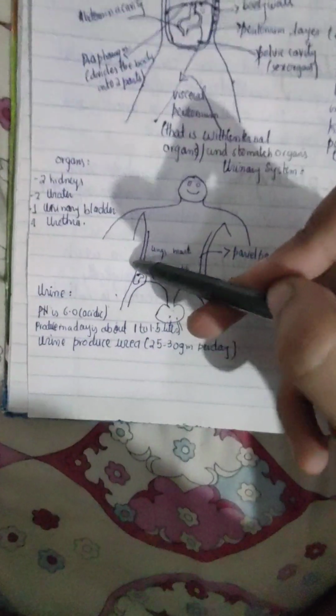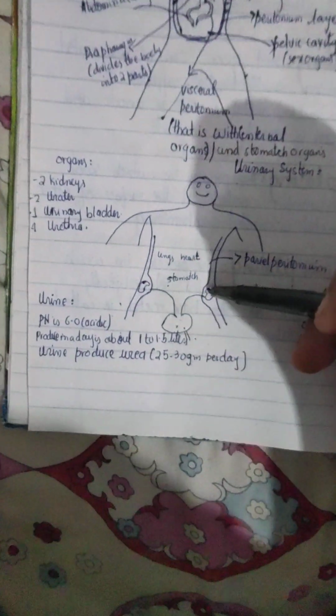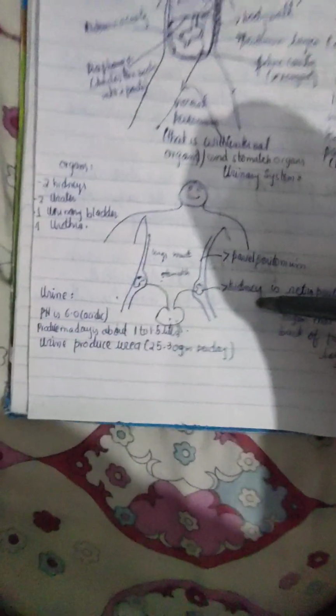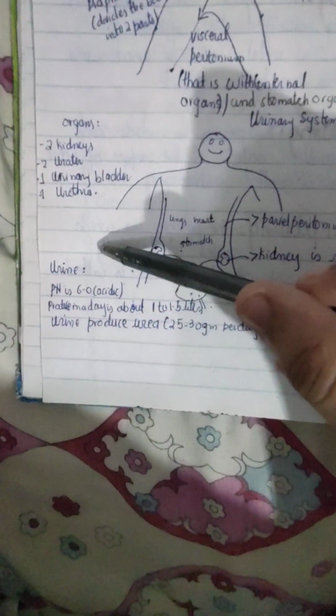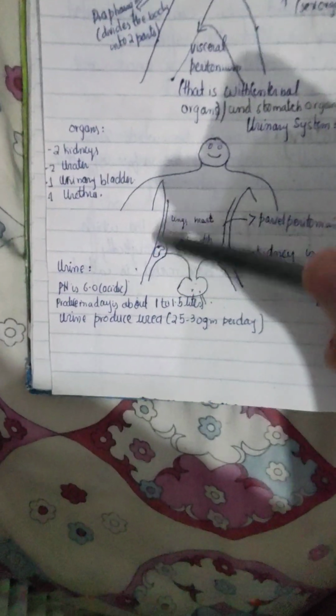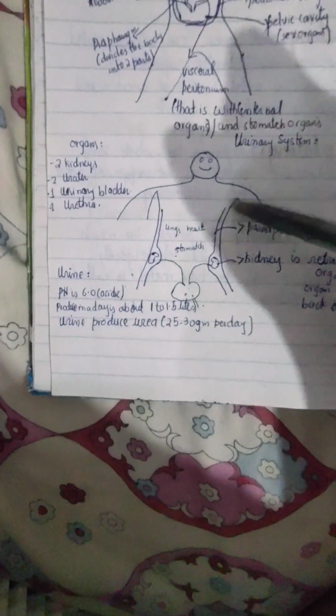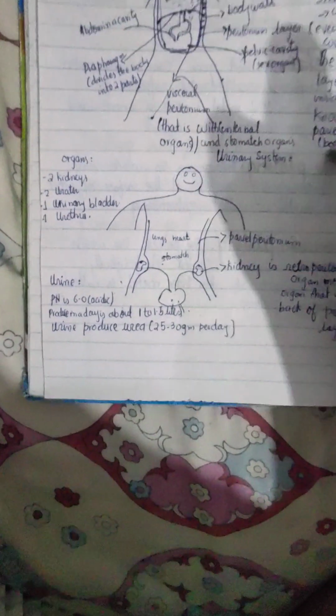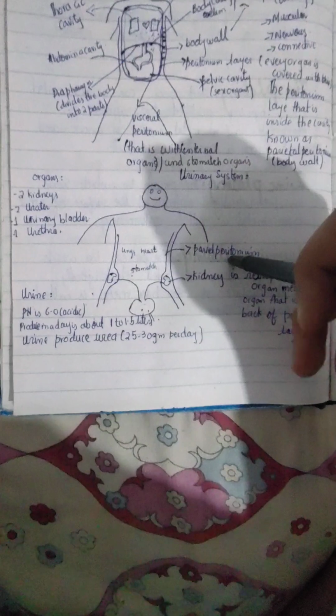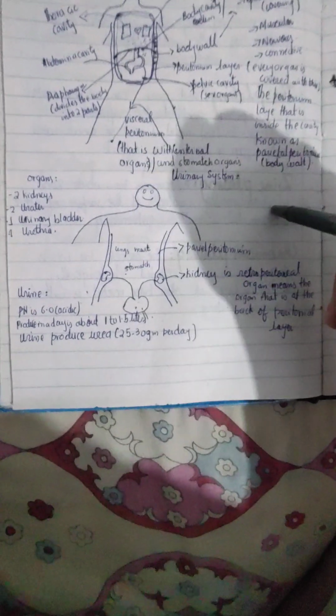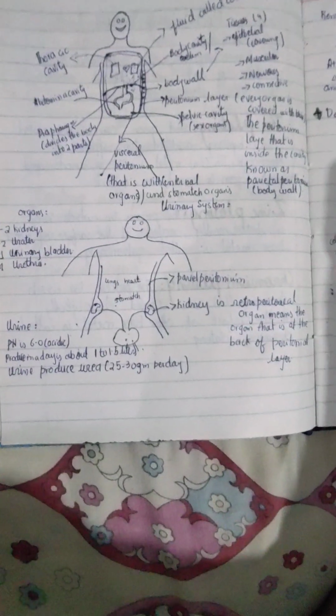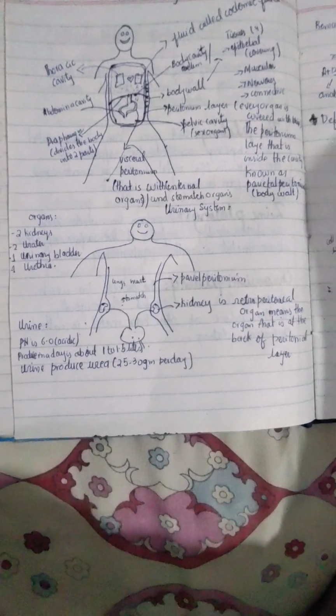So let's talk about urine. We'll be talking in detail about the kidney first. The pH of urine is 6.0, and we know that from 1 to 7 it is acidic, 7 is neutral, and from 7 to 14 it is basic.